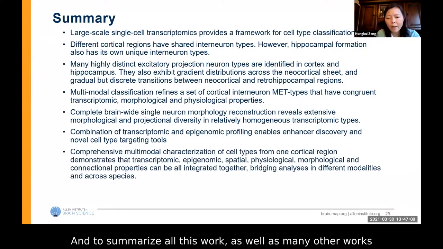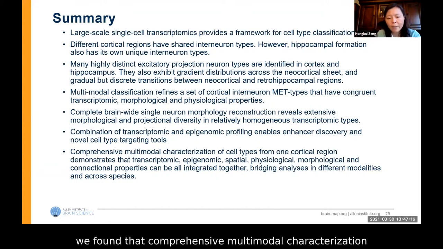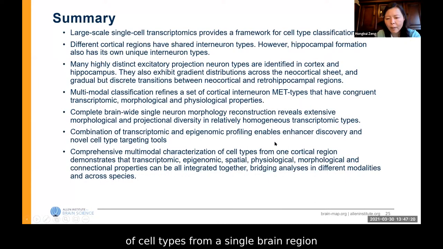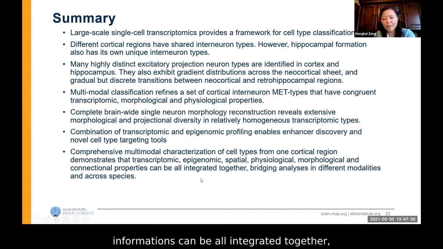And to summarize all this work, as well as many other works from the BICCN that I didn't talk about, we found that a comprehensive multi-modal characterization of cell types from a single brain region demonstrates that the transcriptomic, epigenomic, spatial, physiological, morphological, and connectional information can all be integrated together, revealing diversity at the same time.